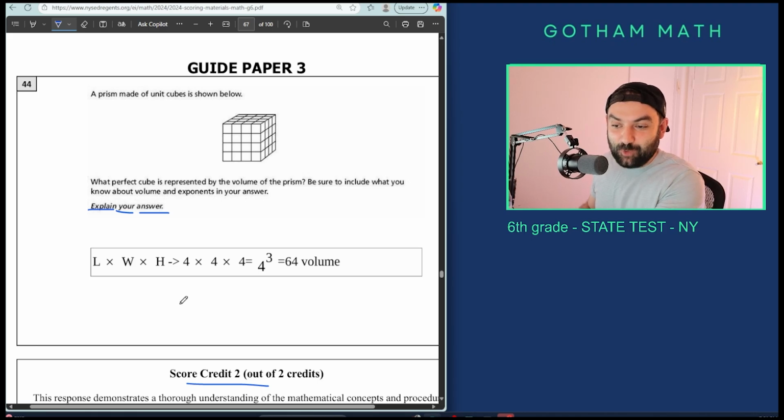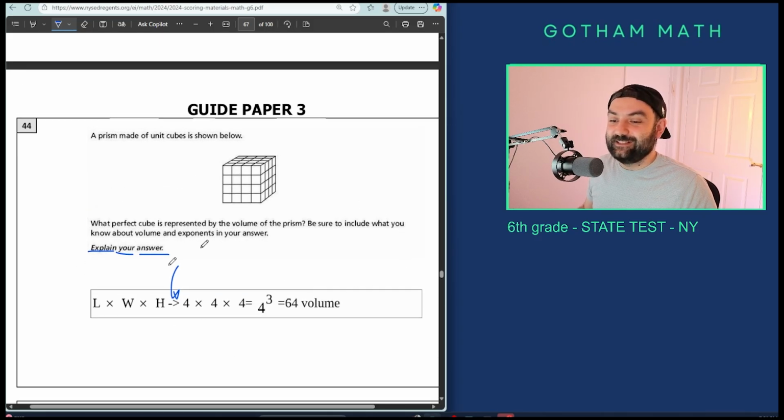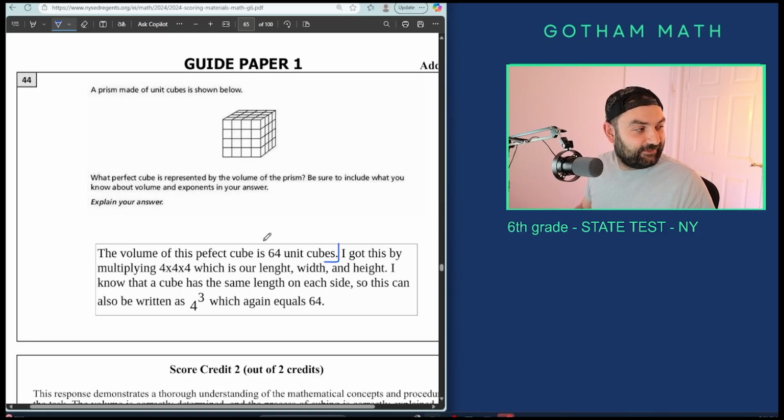There is literally one word in this explanation of volume. It doesn't count as an explanation. This arrow doesn't do that much here. So I don't think that this deserves as much credit as this and this. Don't you think so?